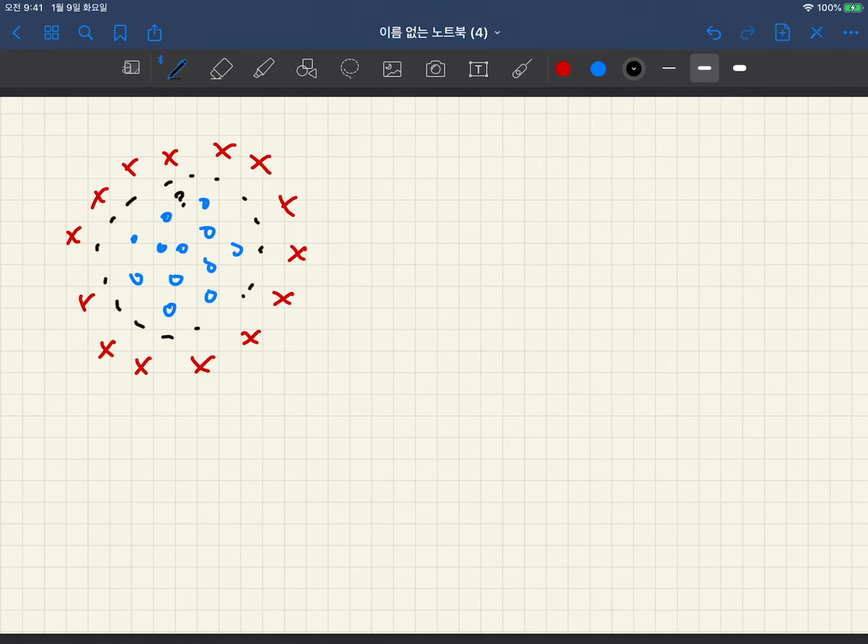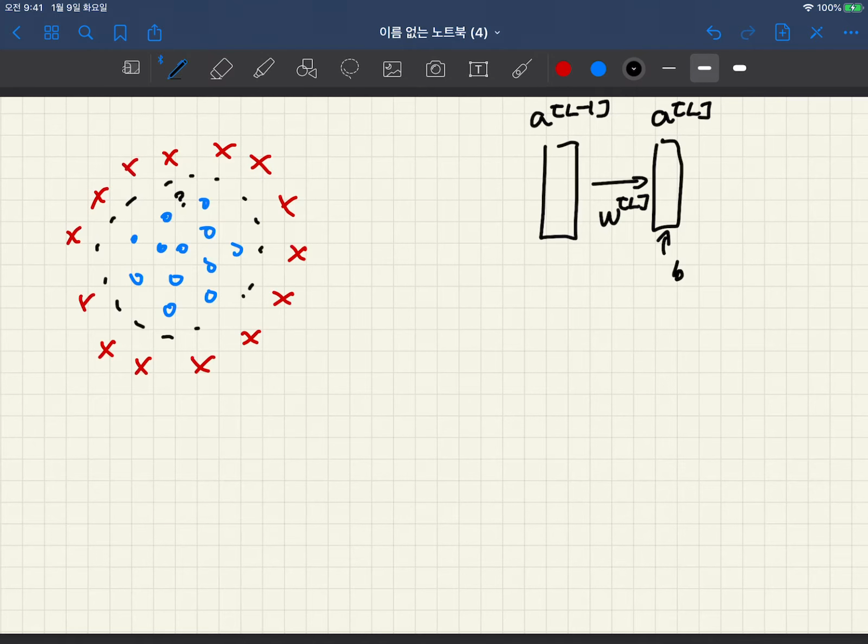Neural network, when you just look at the last layer of your neural network, so this is the A bracket capital L, A bracket capital L minus 1, there is weight matrix WL, and there is bias vector. Essentially, this unit is almost just a linear classifier.